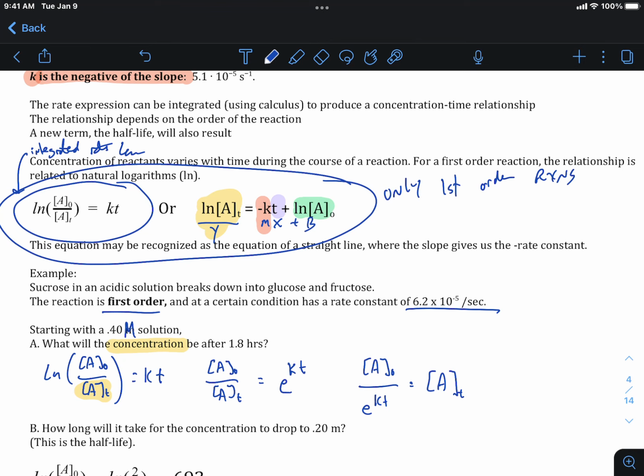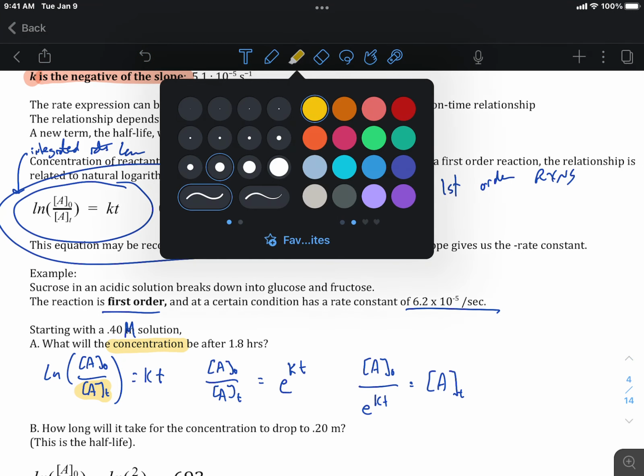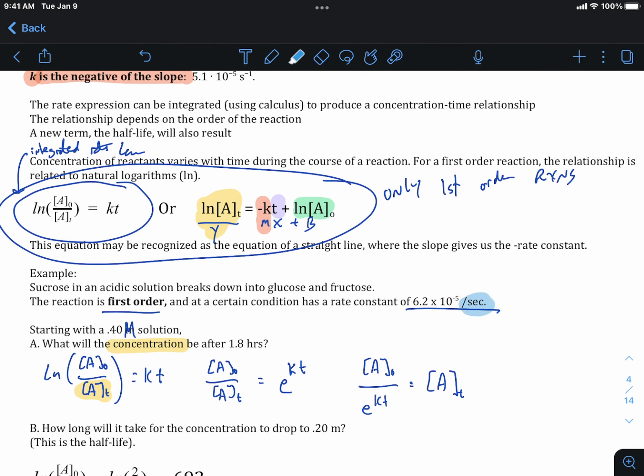Be careful though, because of your time unit. Look at your rate constant, right? Your rate constant is offering you a unit of per seconds, or in other words, 1 over seconds. So that means any time unit provided to you must be converted into seconds in order to properly cancel.